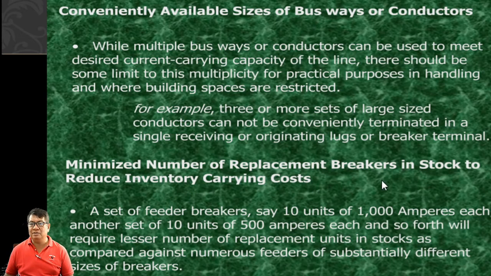Minimize the number of replacement breakers in stock to reduce inventory carrying cost. A set of feeder breakers, say 10 units of 1,000 amperes, another set of 10 units of 500 and so on and so forth. Hindi yung pag bumili tayo, lahat na lang ito 1,000, ito 500. So kailangan hindi paramihin kasi baka hindi tayo palaging masiraan ng mga breakers.